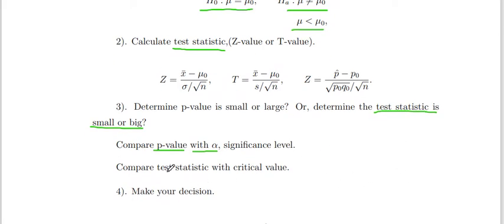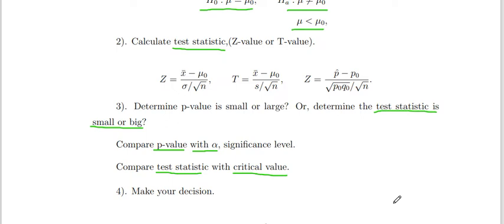We also can compare the test statistic with a critical value. Sometimes we check from the Z table, so we call this the Z critical value. Sometimes we check from the T table, so it is called the T critical value. We use that critical value as a standard to determine whether this number is big or small.